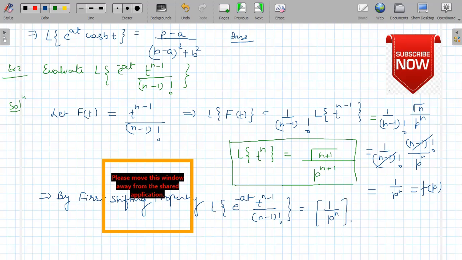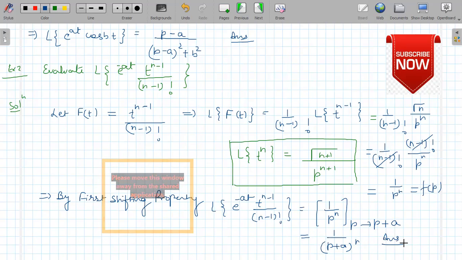In this function F(p), p is replaced by p plus a, because a is negative here. So the answer is 1 upon p plus a raised to the power n. This is the answer.